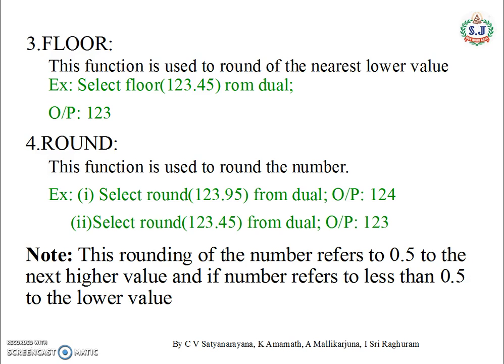The next function is a round function. This round function is also a mathematical function and returns an integer value or a decimal value with the following output. Here 123.95 is converted into 124, since the value has been rounded off using mathematical concepts.